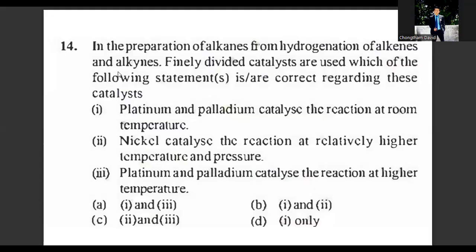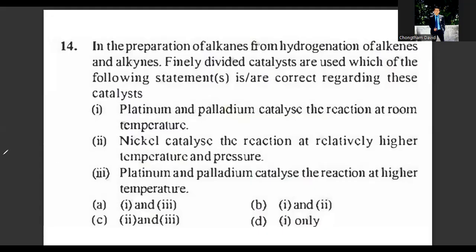And further, dihydrogen gas will be adsorbed on the surface of the metal and it starts to activate the hydrogen bond. So if 1 and 2 are correct, B will be the answer for question number 14. Remember, platinum and palladium catalyze the reaction at room temperature, but a relatively higher temperature and pressure are required with nickel as catalyst.